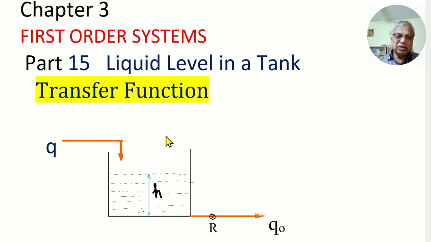Now we will see what equations describe this process, and based on that we will arrive at the transfer function of this tank and show that it is first order.